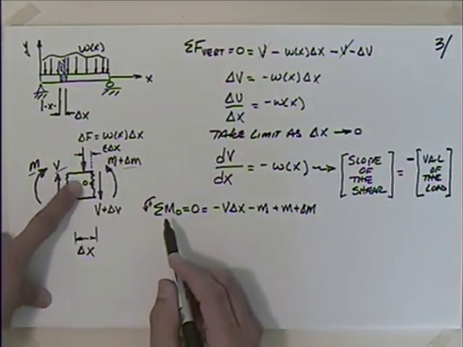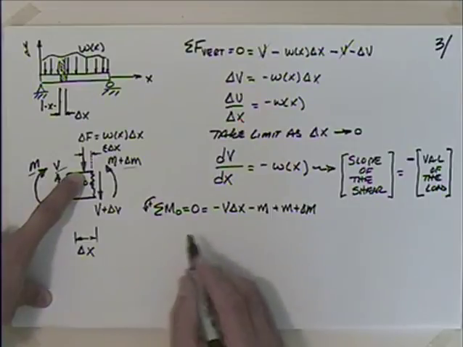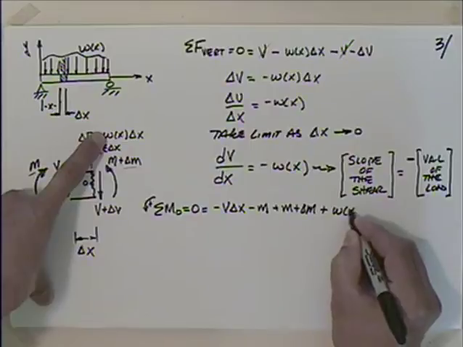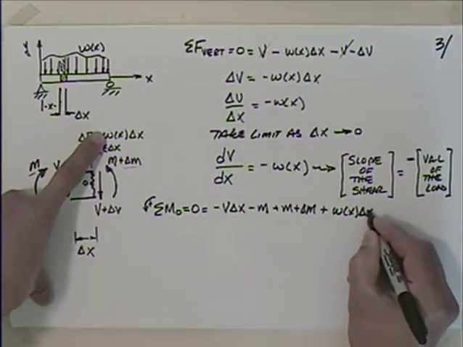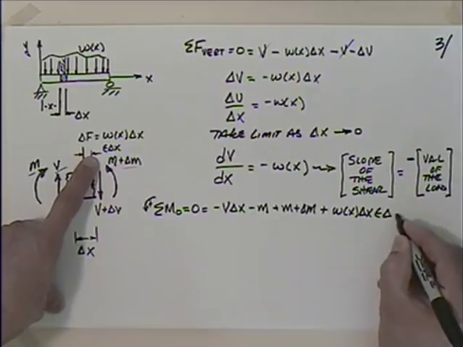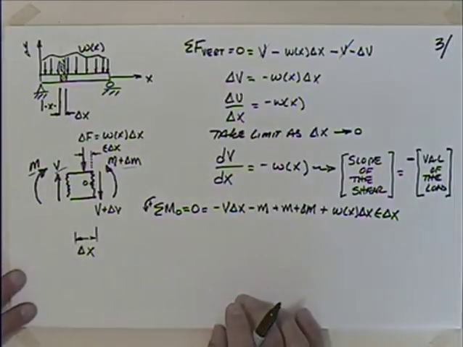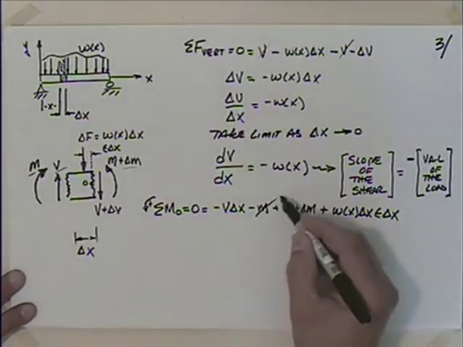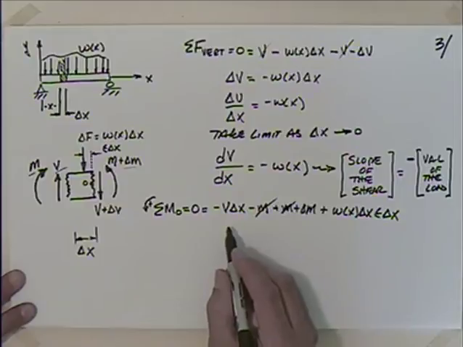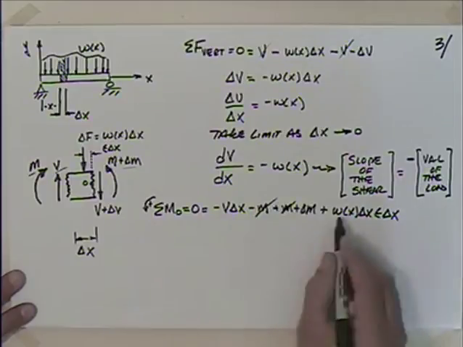I have to add to this thing what? W of X times delta X times the distance that it acts through, which is epsilon times delta X, right? Epsilon delta X. So I get to do some canceling here. I can cancel those two, plus and minus. And when I get done with that, what's delta M?